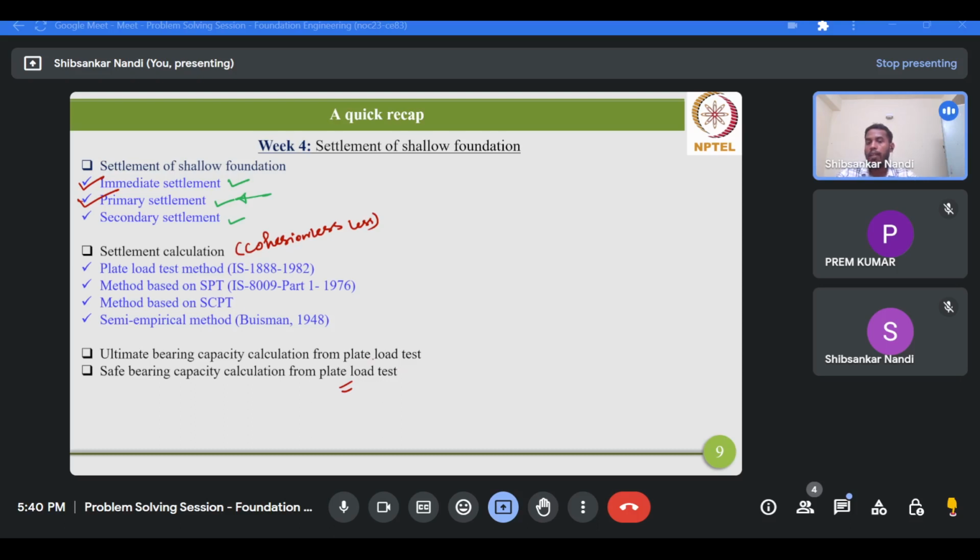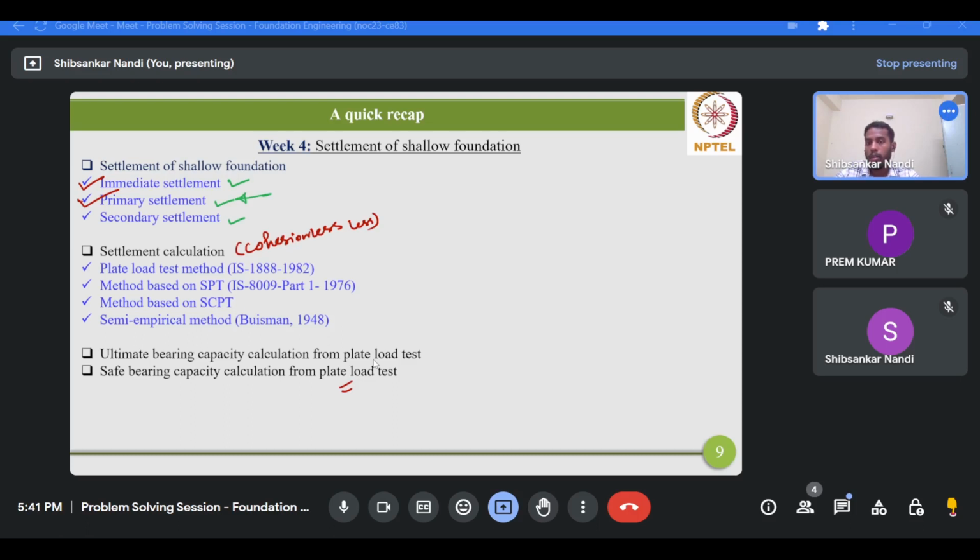One problem is solved in detail by utilizing the data of plate load test by our professor. Those who are still pending to go through that part, I request all of you, please go through that part very quickly.